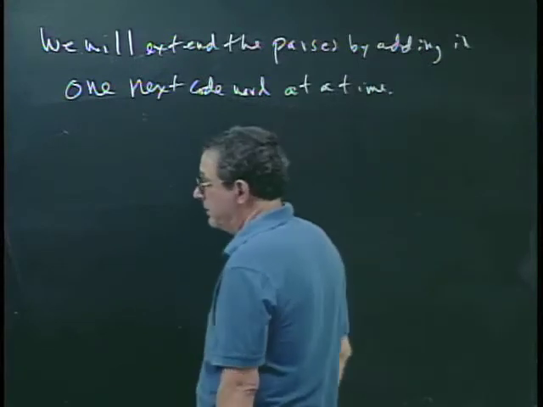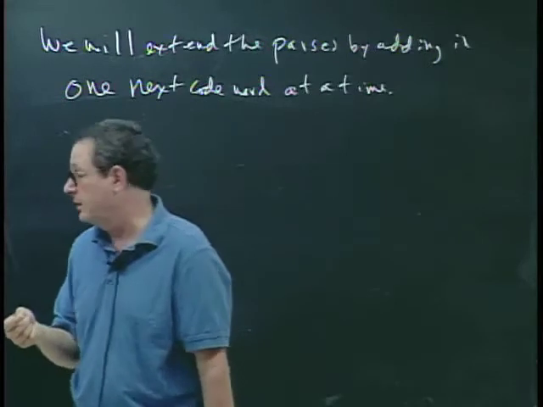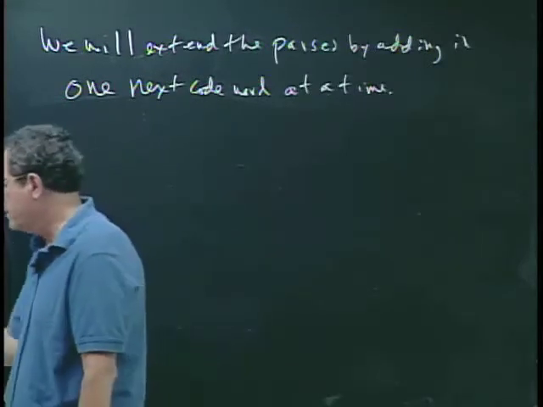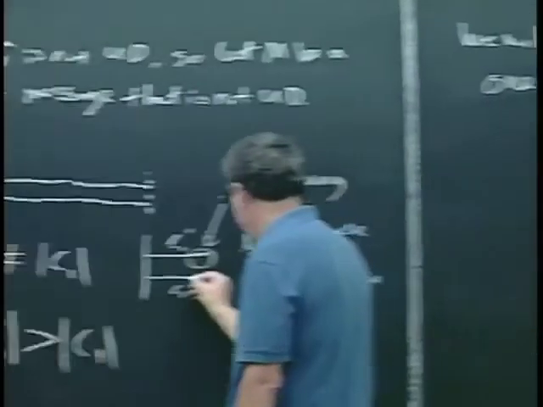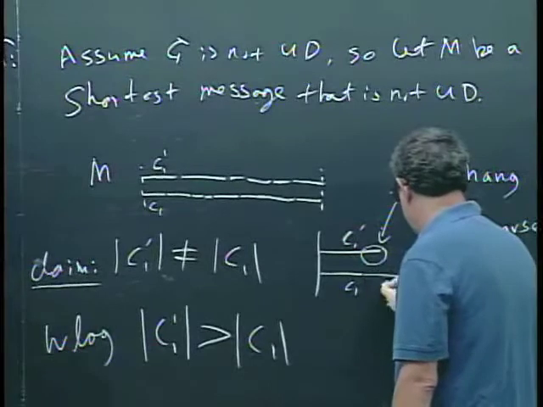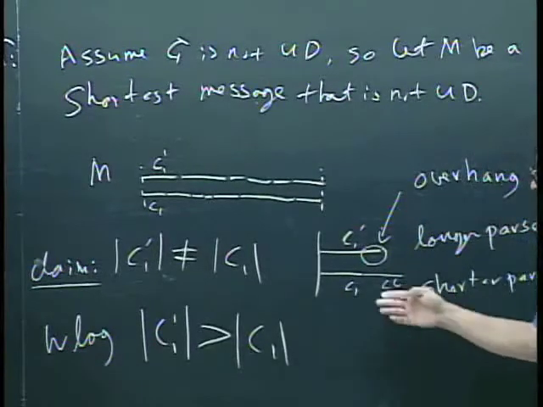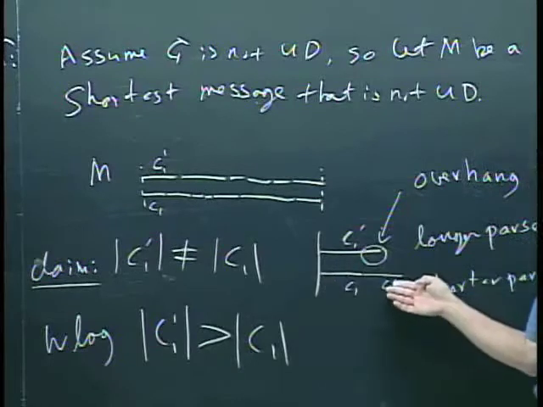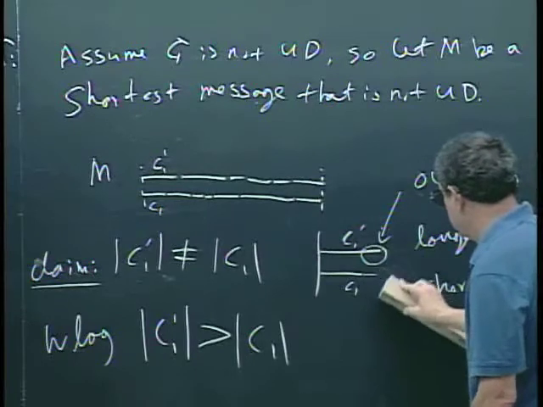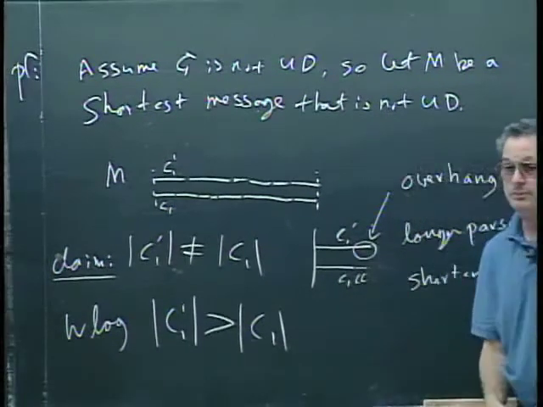And what we're going to always do is always add in the next code word to the shorter parse. Now when you add the next code word in to the shorter parse, I'll call it CC, that next code word, when you add it in, could make this now the longer parse. Or, depending on what its length is, it could remain the shorter parse.